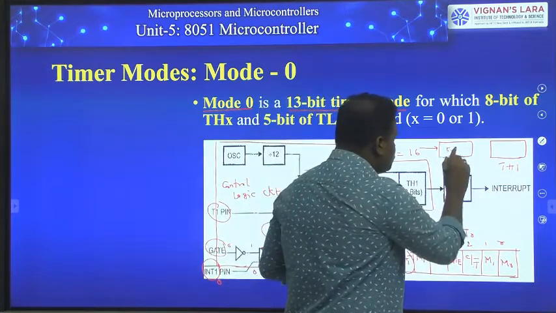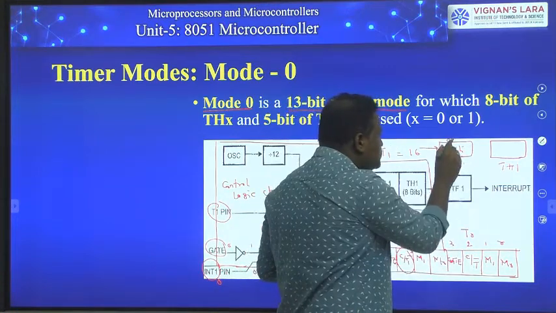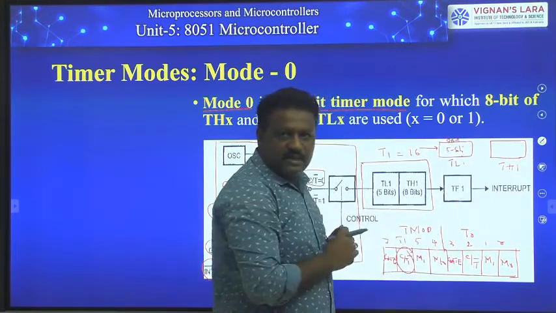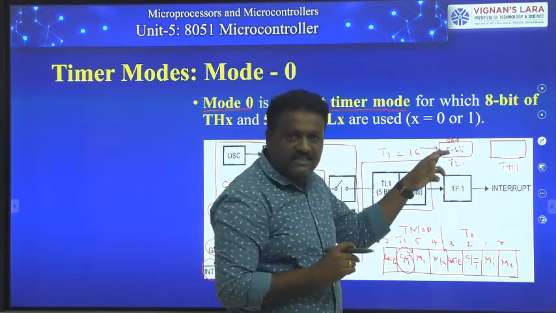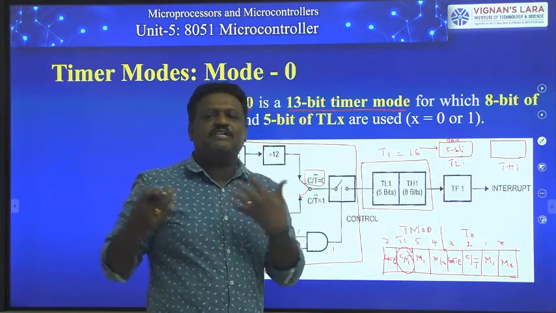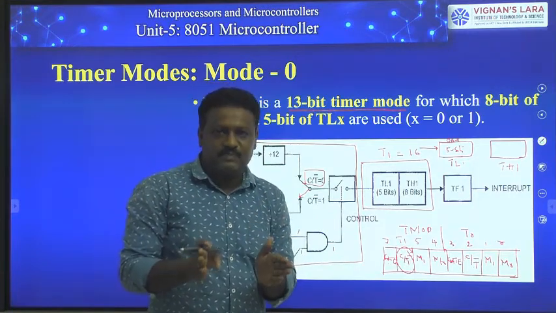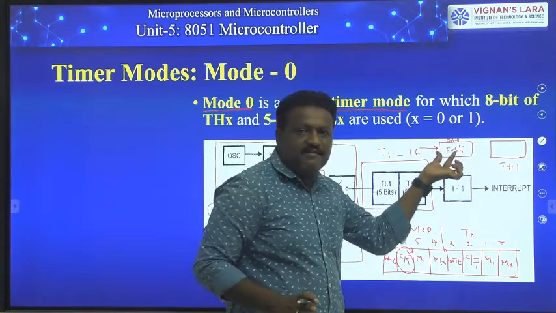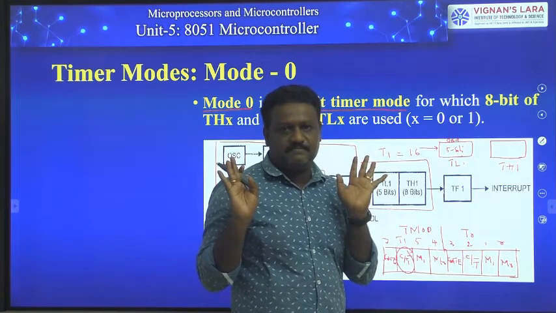So here I was using 5 bits, means it starts its counting from 00H. If I am using 5 bits, the number of combinations I am able to get is 2 power 5, which is equal to 32.